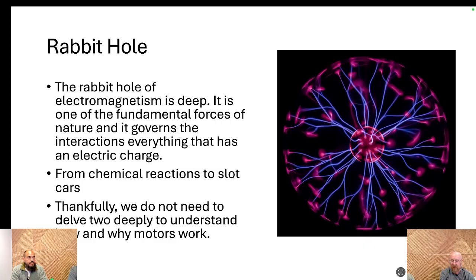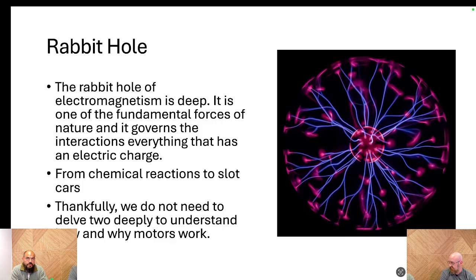Now, rabbit hole. Holy crap, there's a lot to this. This is one of the fundamental forces of the universe, right? So the effects of it as we move through different scales, whether that be cosmic scale or down onto the subatomic particle scale, there's tons of rabbit holes around it.